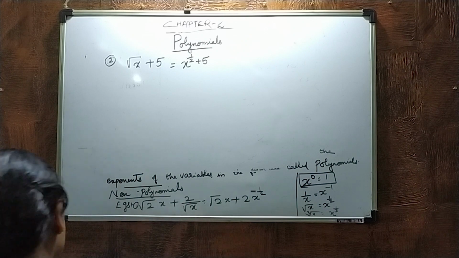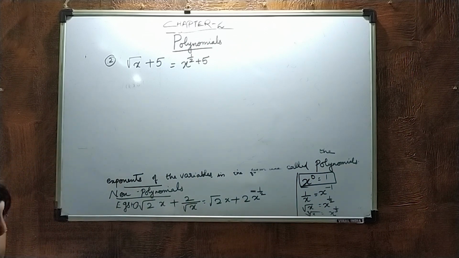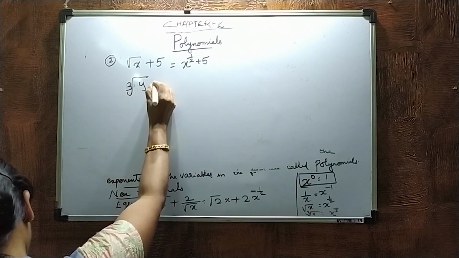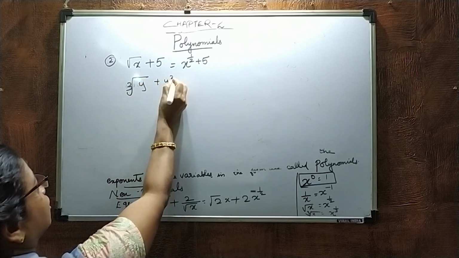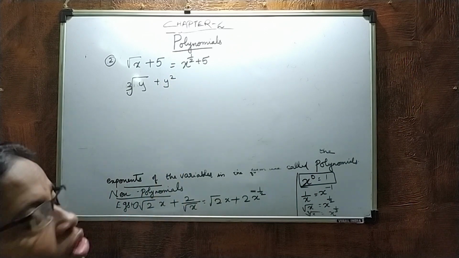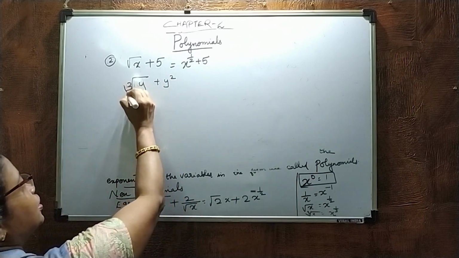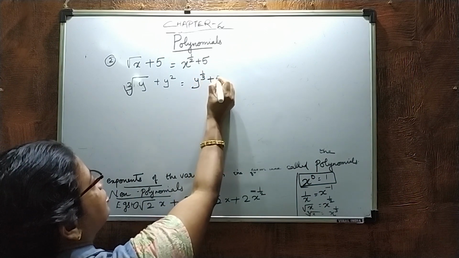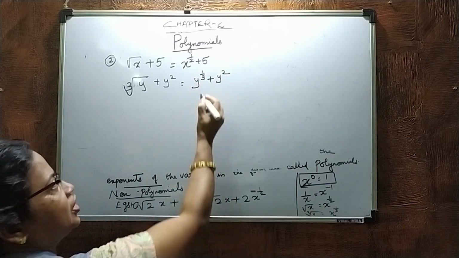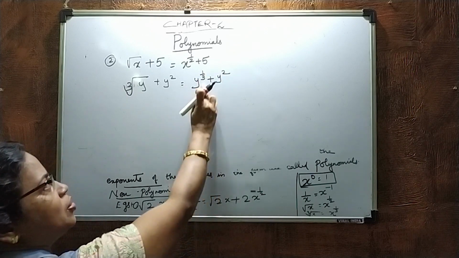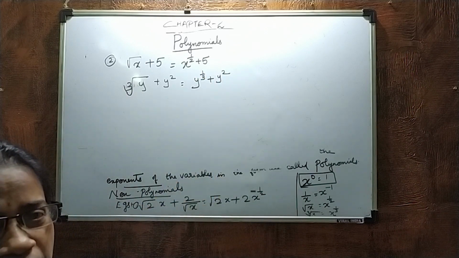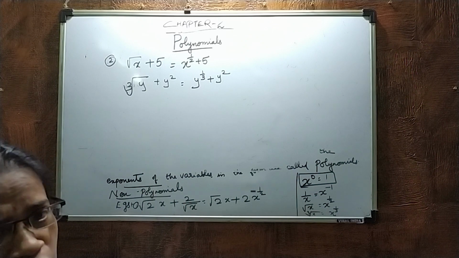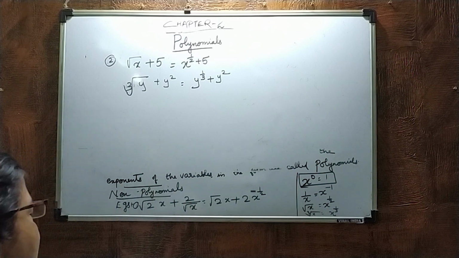Then the next one, cube root y plus y square. Cube root of y means y raised to 1 by 3 plus y square. Here 1 by 3 comes, the variable's exponent is 1 by 3, so it won't be a polynomial. It is a non-polynomial.